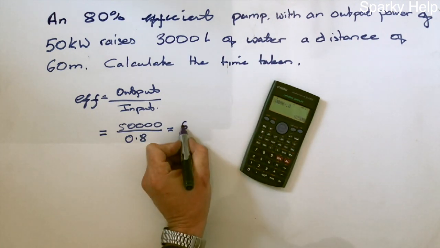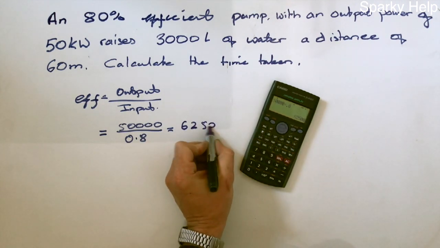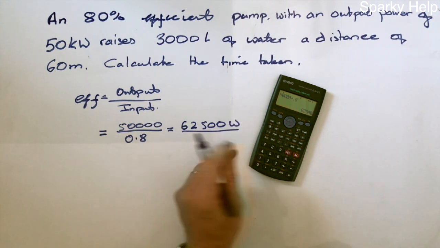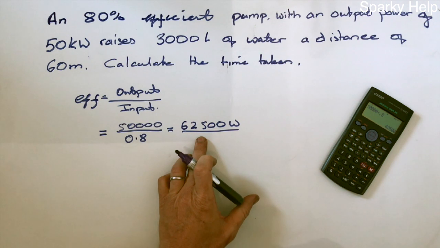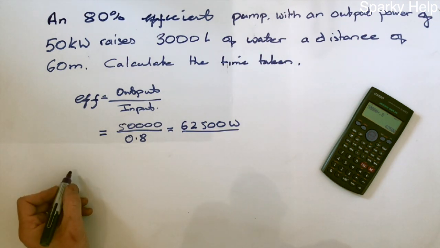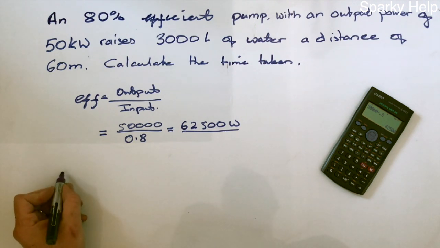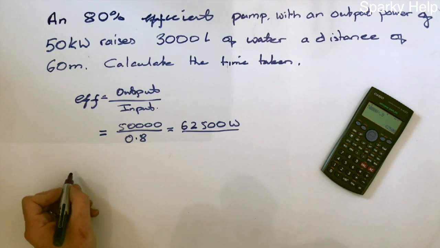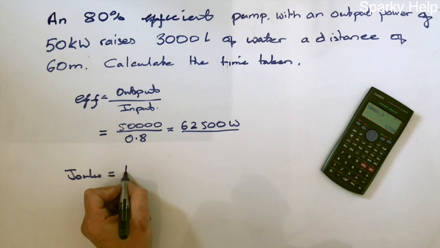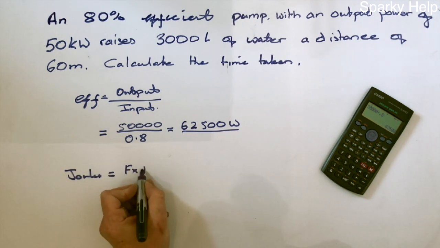That gives us 62,500 watts. So that's what the motor would have to be rated at. What we can now do is find the joules. How much energy is it going to take? Which is force times distance.